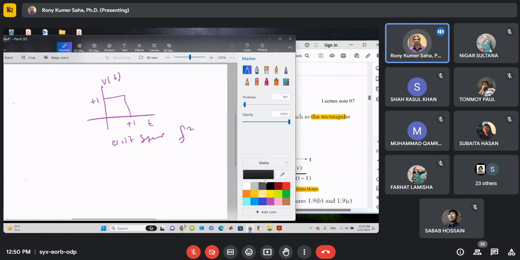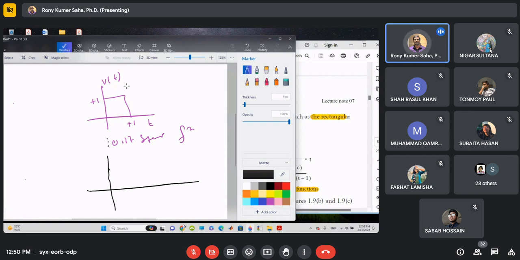So what do you have to do? This means that first you can see it starts from the origin, t equal to 0, right? So the component signal, even if it is a unit step function, should also start from the origin.